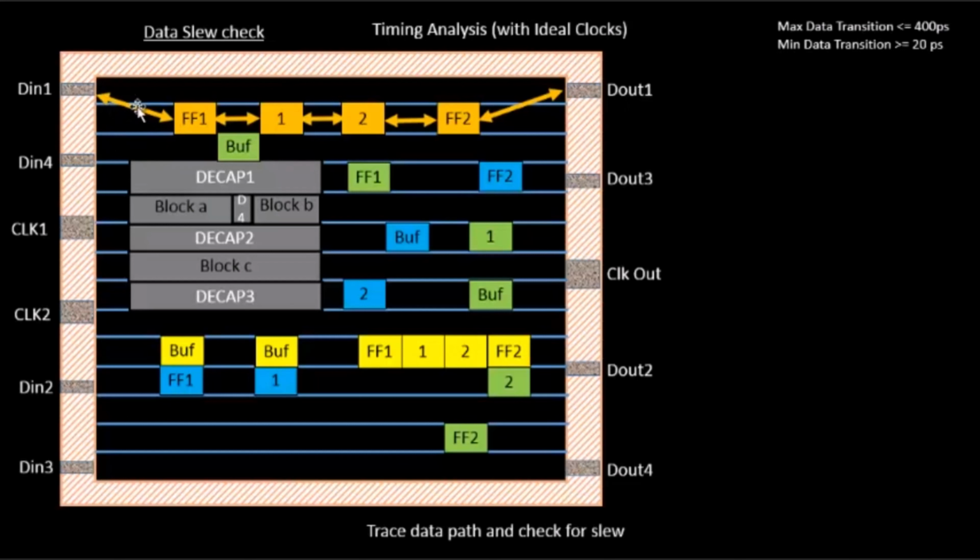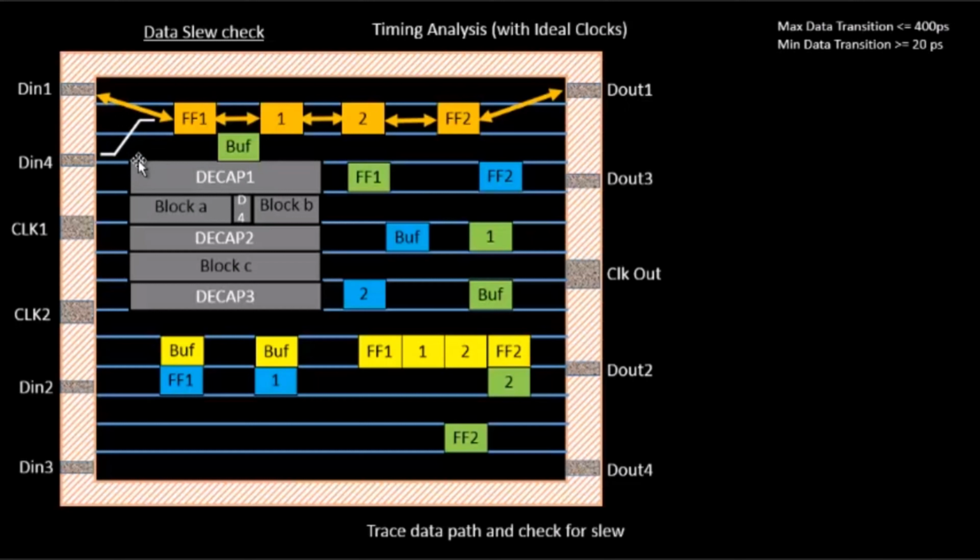Then the charging waveform becomes the slew for it. Let's say this is the capacitance charging waveform, and the slew is this part, where it goes from logic 0 to logic 1.